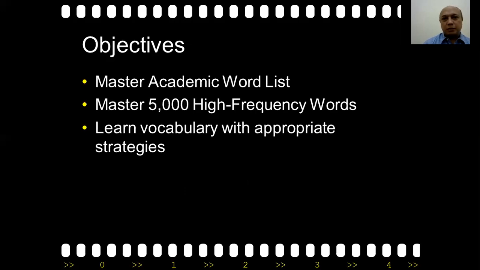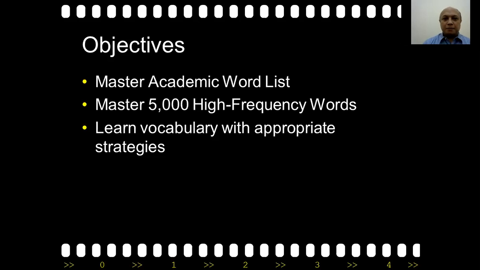So now the objectives of the course is, first, to master academic word list. So throughout the course, you are going to learn academic word list. There are 570 words. That sounds many, right? But don't worry, because we are going to take them bits by bits, little by little.